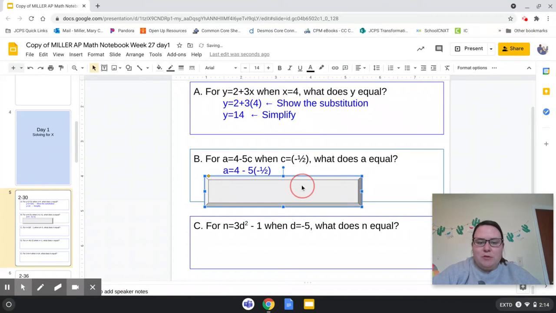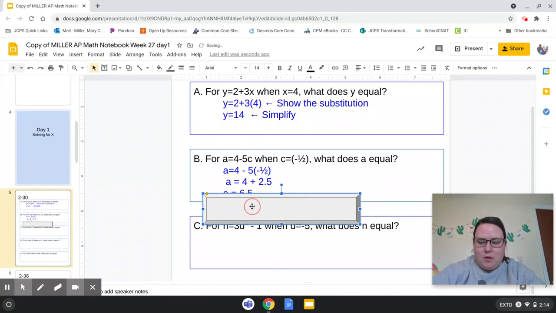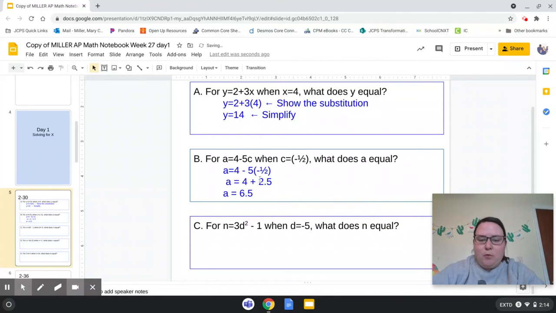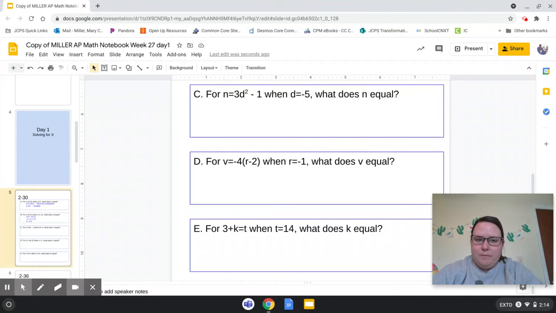So we're going to substitute that value in and solve for 4 minus 5 times negative 1/2. Remember, when we have a negative times a negative, we're going to end up with a positive. So we'll actually have 4 plus 2.5. And then if we simplify 4 plus 2.5, we solve for a equals 6.5. Okay, or 6 5/10.